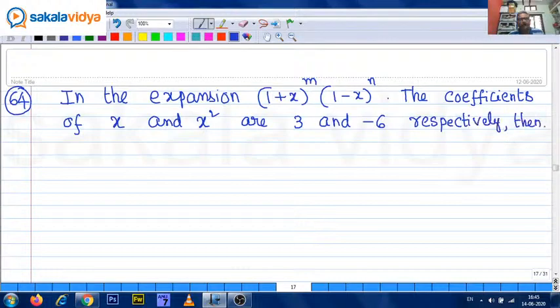Then the value of m is: first option is 6, second option 9, third option 12, fourth option is 24. This is the question.